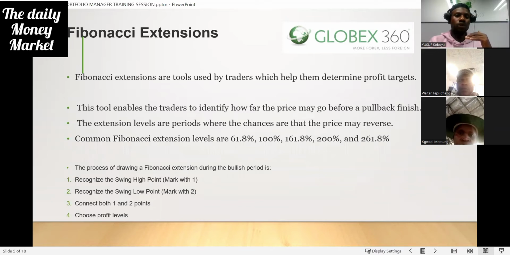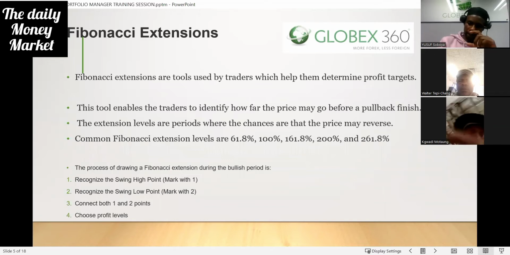With me? These tools enable traders to identify how far the price may go before pulling back or finishing. So in that case, you can say, okay, at this position I'm making this amount of money, and for the trade to retrace it has to get maybe, for example, to 61%.